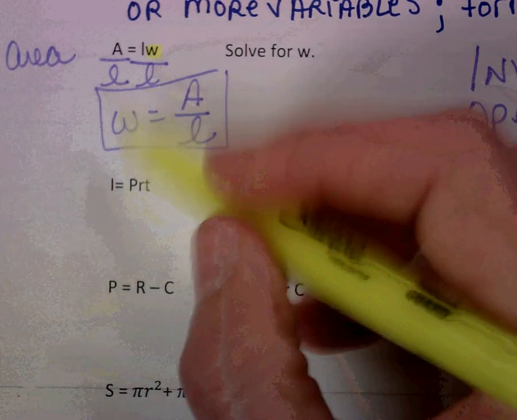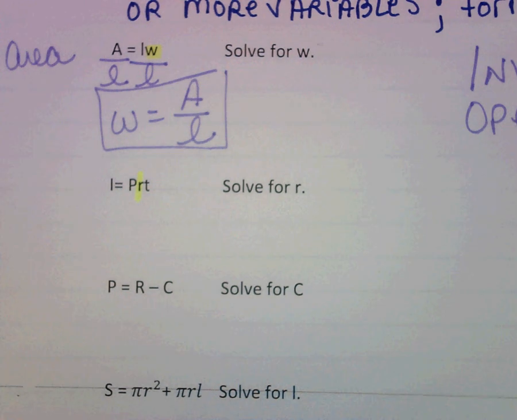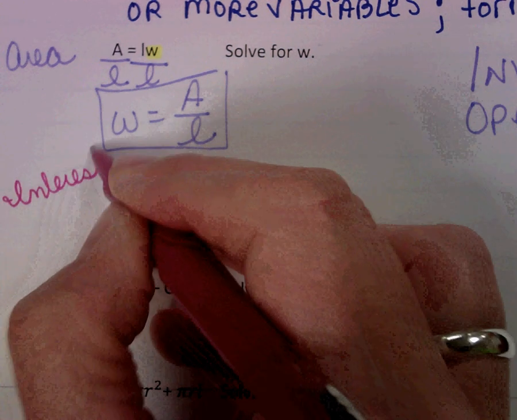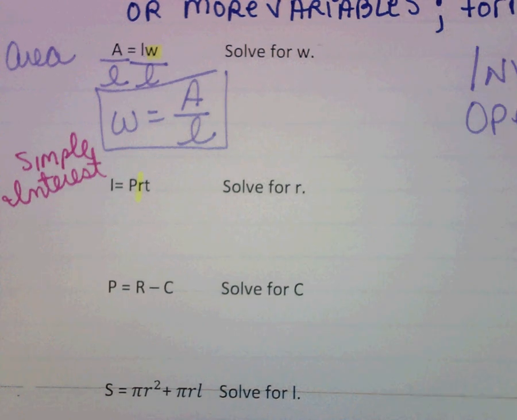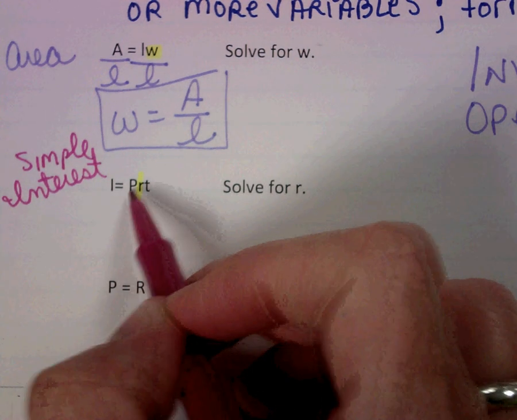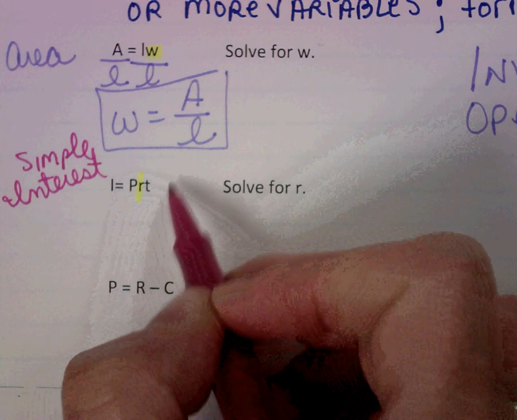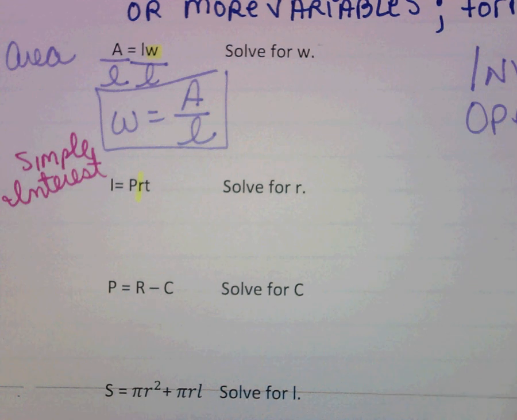In the next equation, I want to solve for R. I'm just highlighting it to help it stand out so that we know what needs to stay and what needs to go. This is our simple interest formula that you may have seen before. I want to solve for R, so I need to cancel out the P and the T. This is all multiplying, so I can cancel out the P and the T at the same time.